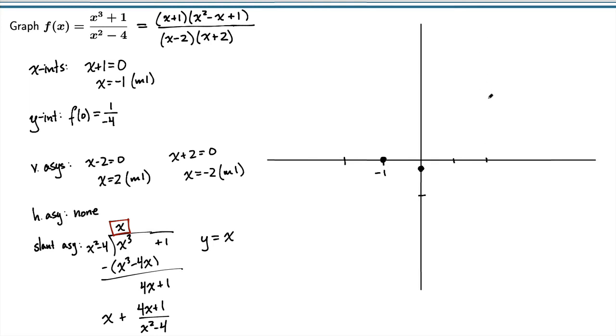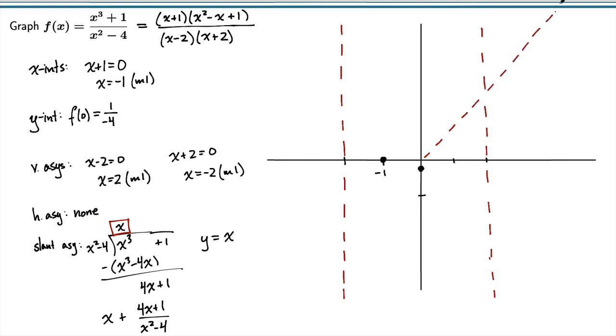And we'll go ahead and do that in red so that it stands out in contrast to our graph. And we also have one at x equals negative 2. So those are our vertical asymptotes. And then we have a slant asymptote of y equals x. So we go ahead and graph y equals x.